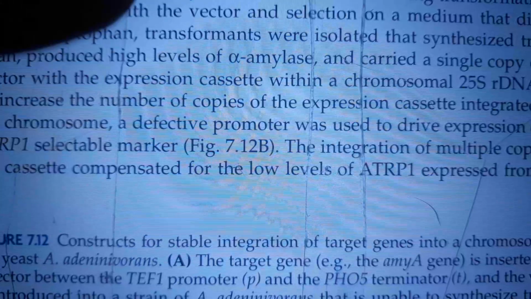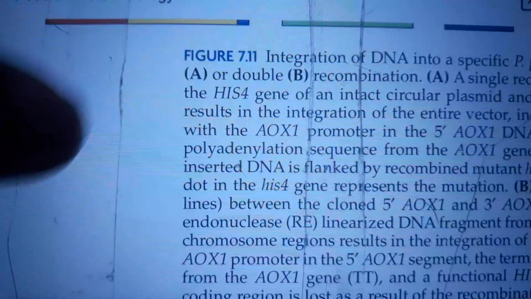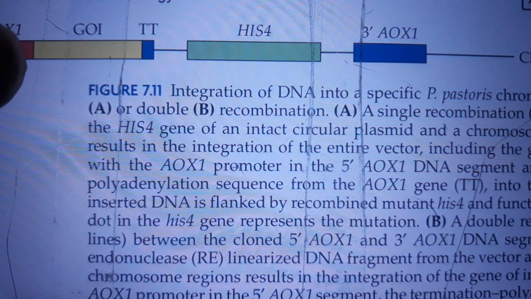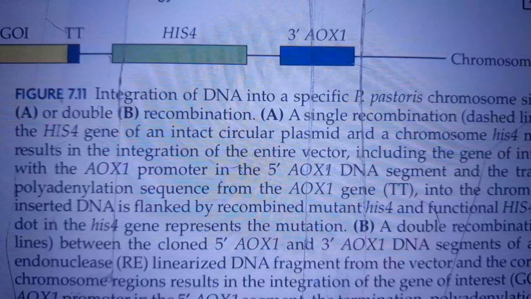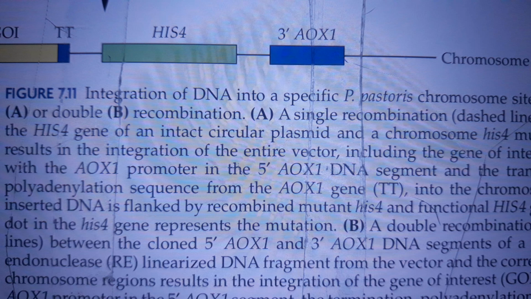And this is the integration of DNA into a specific chromosome site, by double recombination or single recombination, dashed line. The HIS4 gene of an intact circular plasmid and the chromosomal his4 mutant results in the integration of the entire vector, including the gene of interest, with the AOX1 promoter and the 3' AOX1.